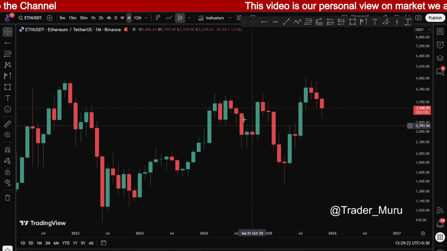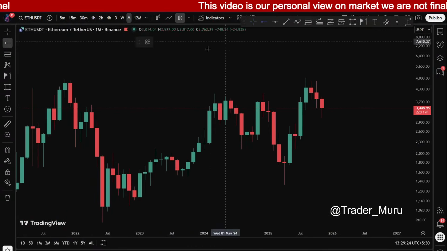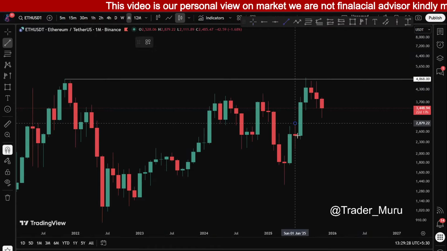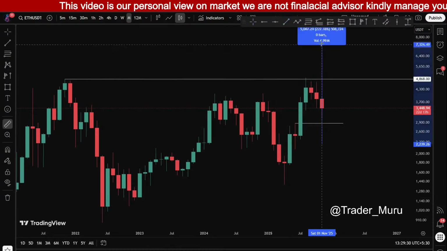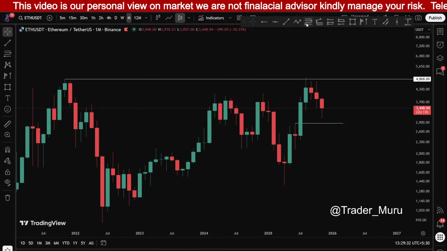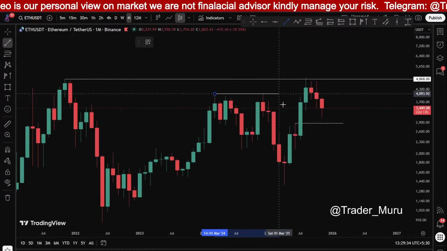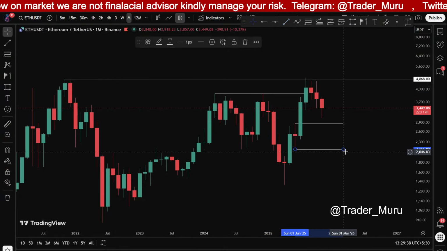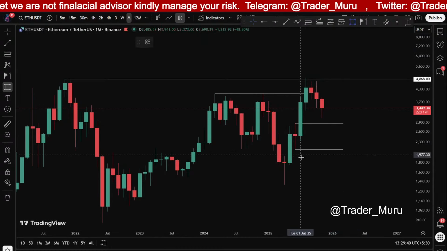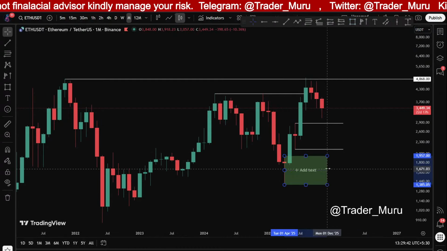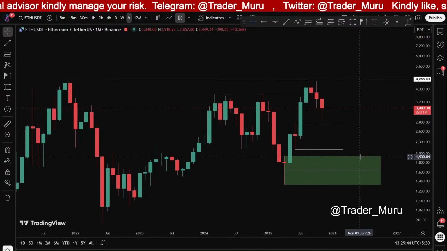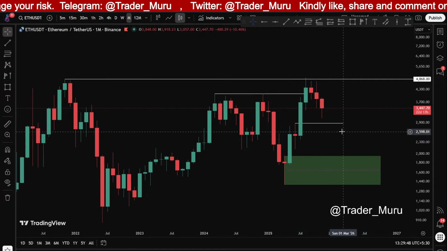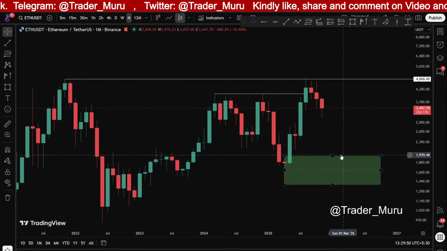Ethereum is also bullish. This area will be the maximum, to this area. I will watch Ethereum. If it tests here, I will try to swing buy it from this zone here.